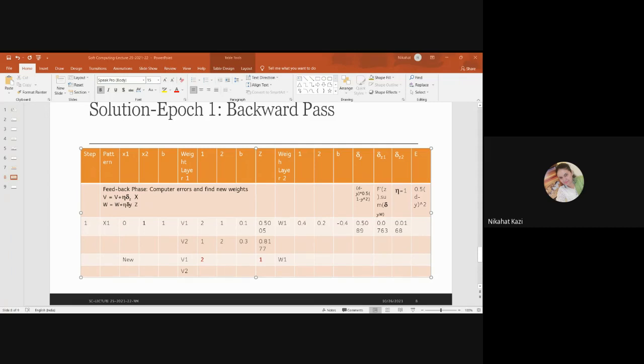What is v1? V1 is 2. 1.0763. नेक्स्ट वाला शायद. The next one, na? हाँ. 1.0763, correct.